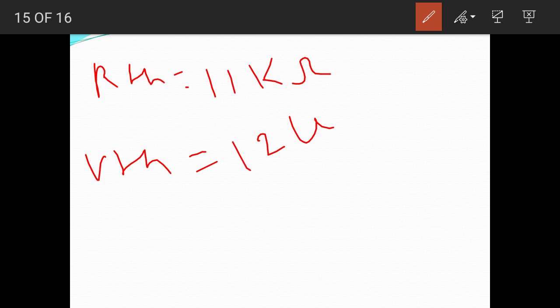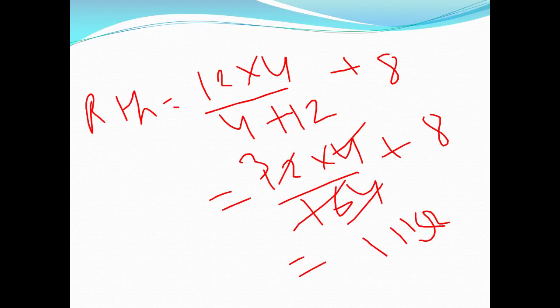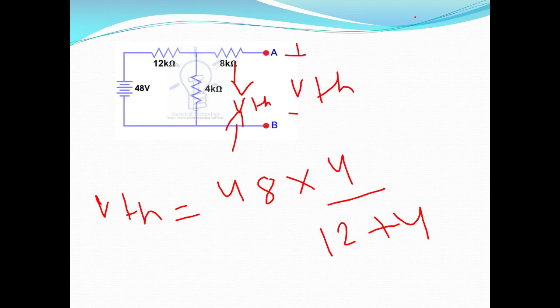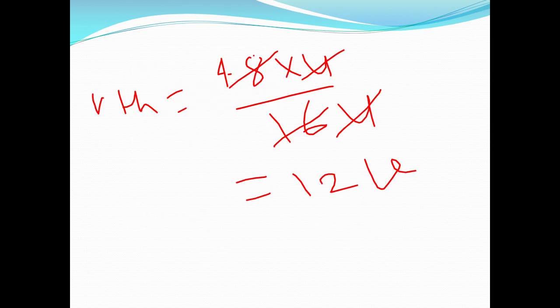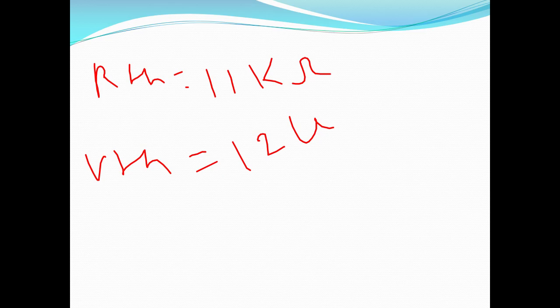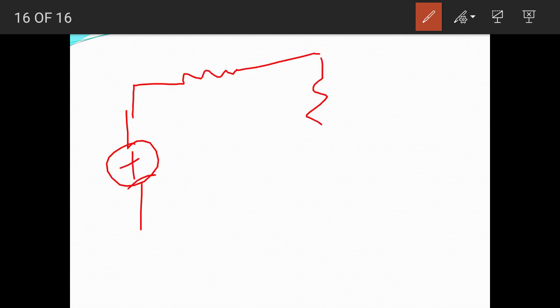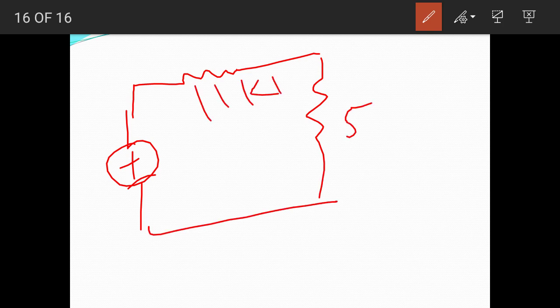Now we draw an equivalent circuit with the load resistance of 5 kilo ohm. The circuit becomes a voltage source VTH of 12 volt, a series resistance RTH of 11 kilo ohm and RL of 5 kilo ohm. I0 is the current in the 5 kilo ohm.